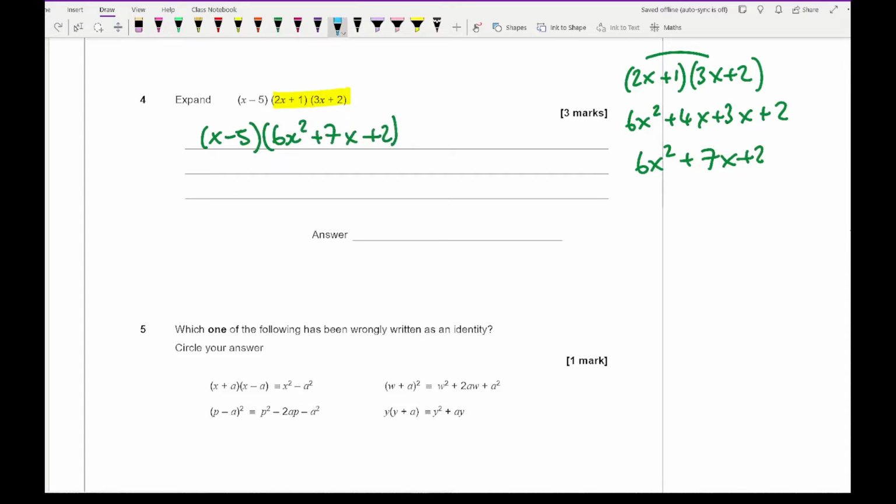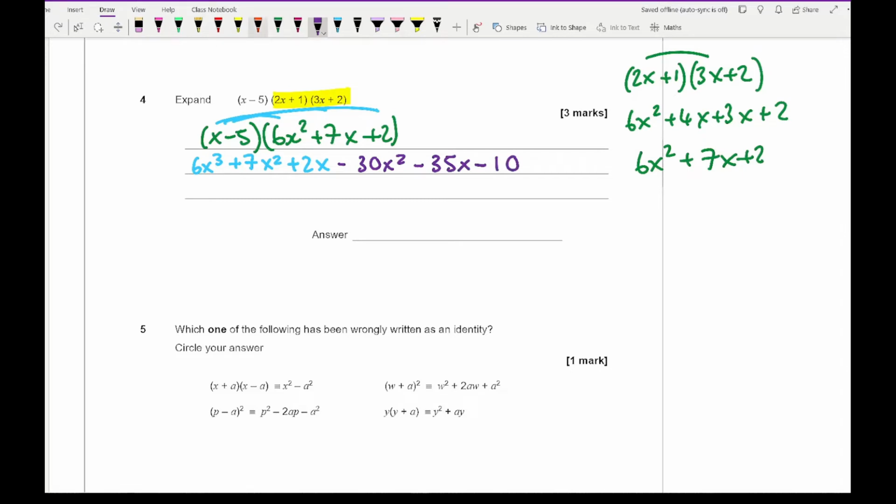Then expanding the first bracket out, and what I end up with is 6x cubed plus 7x squared plus 2x, and then minus 30x squared minus 35x minus 10.